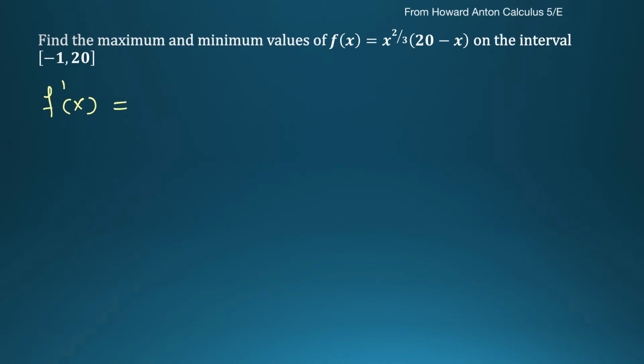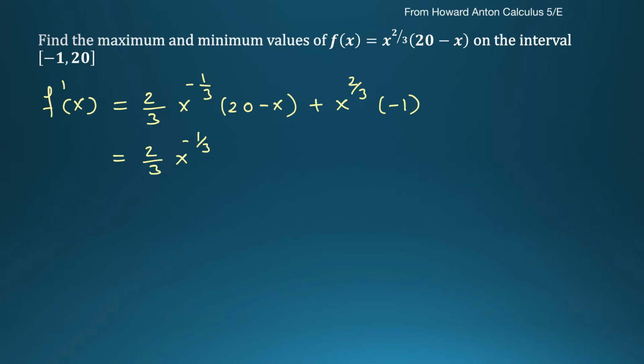Taking the first derivative, f'(x) = 2/3 times x^(-1/3) times (20 - x) plus x^(2/3) times the derivative of (20 - x), which is negative 1, which is equal to 2/3 times x^(-1/3) times (20 - x) minus x^(2/3).